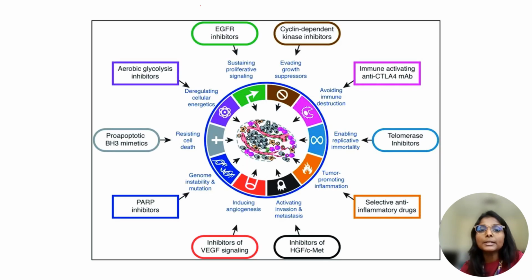This figure shows molecular targets of potential treatment based on the particular hallmarks of cancer which the targeted drugs can inhibit. I'll be focusing again on what is famously known as the superstars of targeted treatment, the EGFR inhibitors, particularly EGFR tyrosine kinase inhibitors.